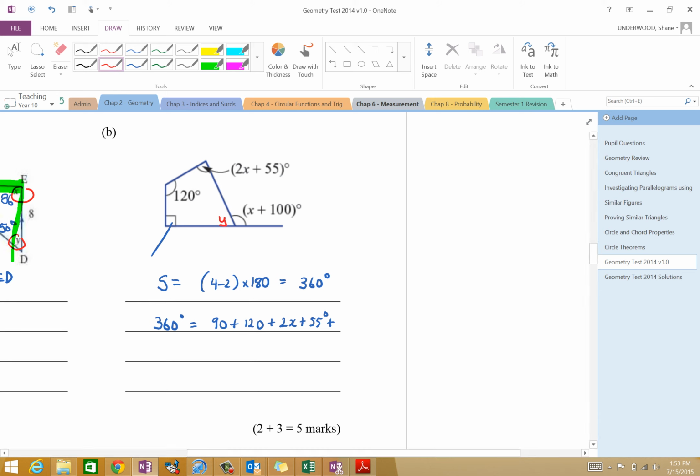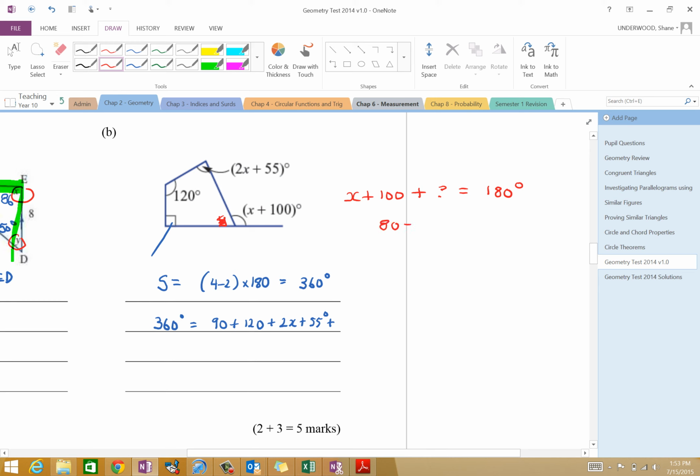But you know what? Let's think about this mathematically. I'm not going to call this y, I'm just going to say that x plus 100 plus something is equal to 180 degrees. So what is it? 80 minus x.